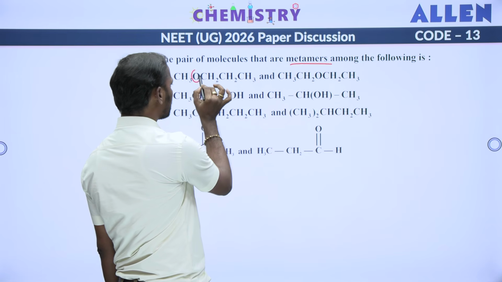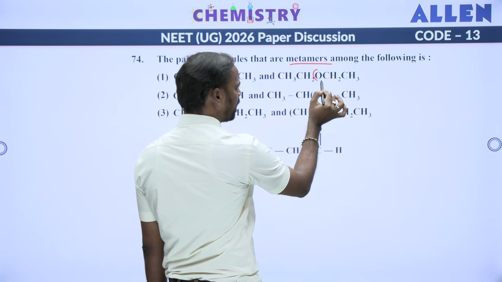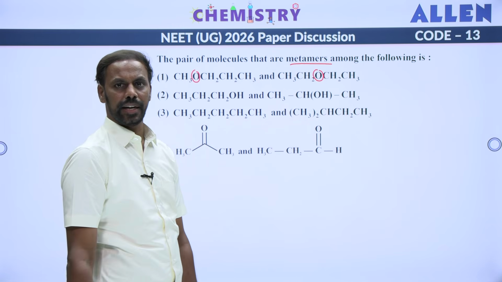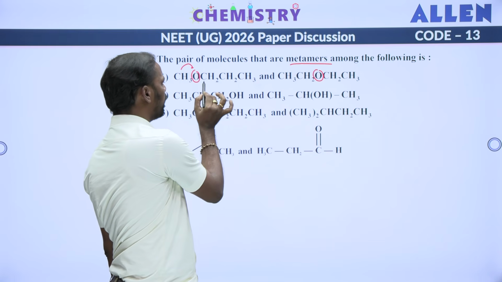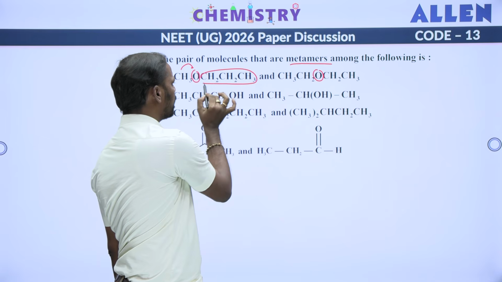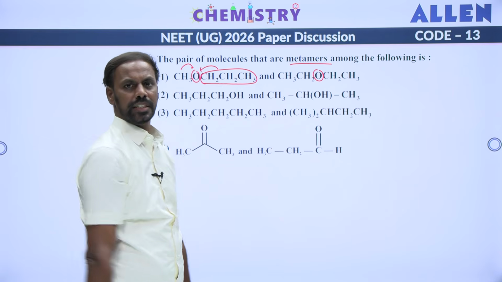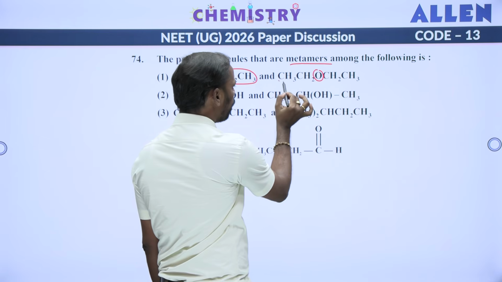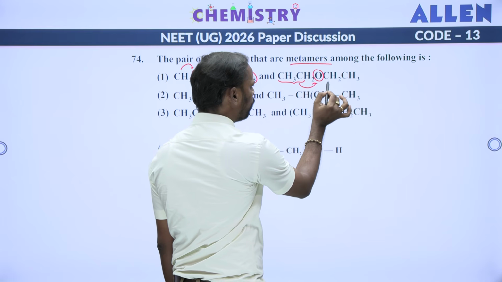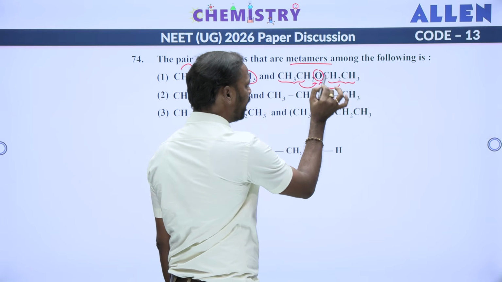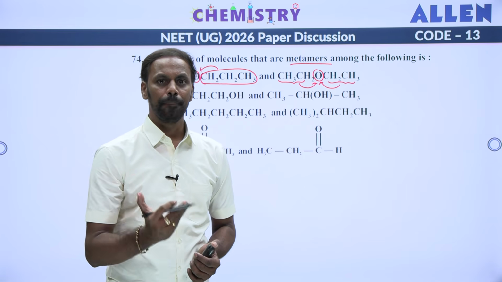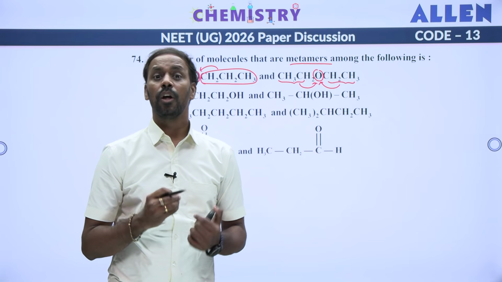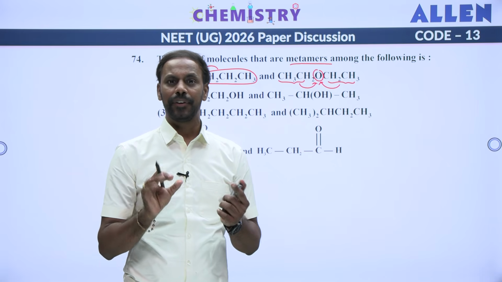Here also the same functional group, ether, is there. But in this one a methyl group is connected, and here a propyl group is connected. But in this one, what group is connected here? Ethyl group. Here also an ethyl group. Same polyvalent functional group should be present, only differing in the connectivity of the group.